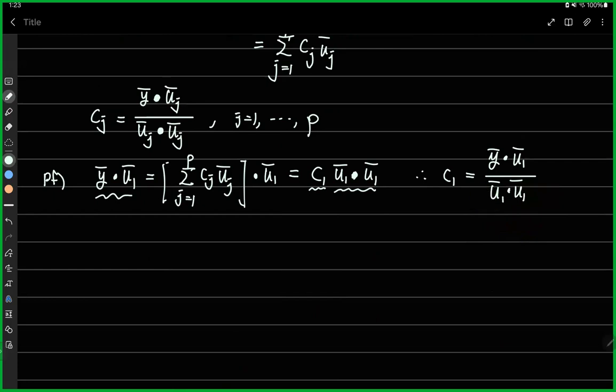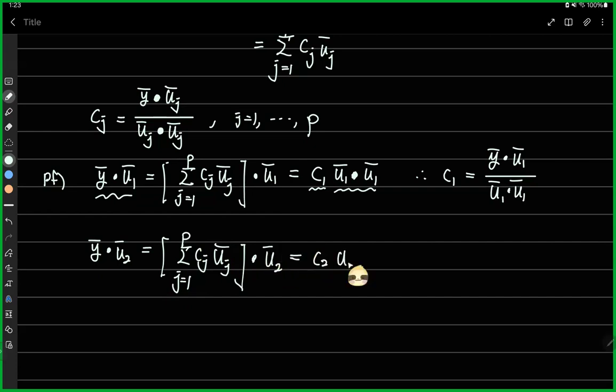And similarly, y dot u2 is equal to the sum of cj uj, j goes 1 through p, dotted with u2, which is equal to c2 times u2 dot u2.